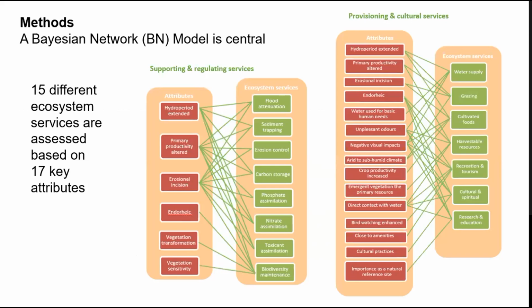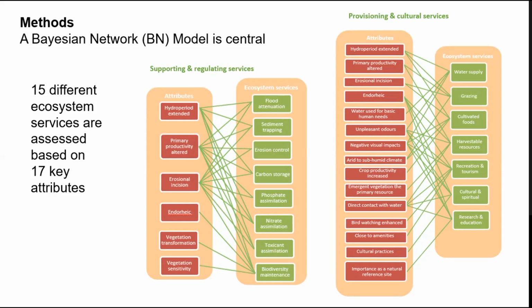The core of the method is a Bayesian network model. I'm not going to go into any detail, but just to give you a flavor of the model, it covers 15 different ecosystem services. Those are the same that are included in WET-EcoServices. And 17 attributes are used to assess these services.